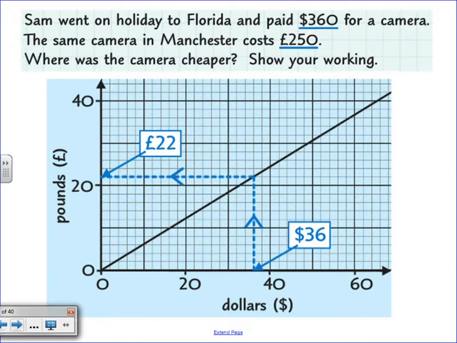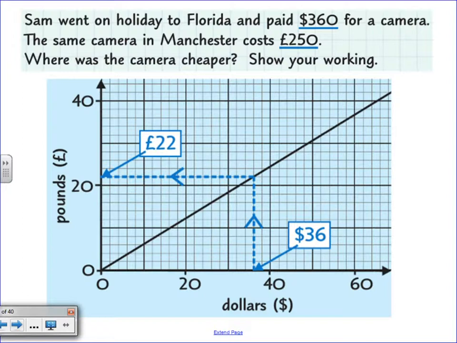Where should he buy it from? And all they're getting you to do is say, well, I know my scale doesn't go up to $360, so I can actually look up 36 and multiply whatever the pounds is by 10. Yeah? So sometimes they'll give you something that isn't on your graph, so you have to scale it down.